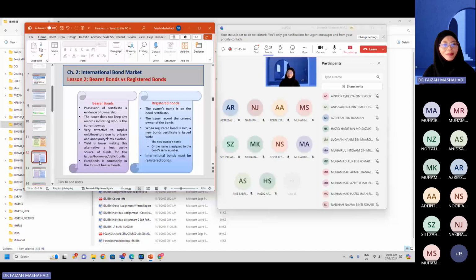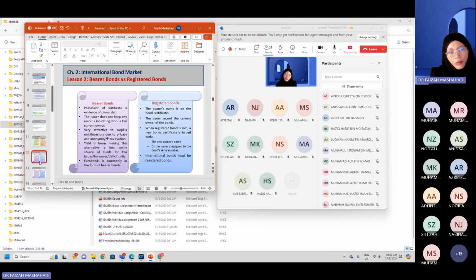All right. Alhamdulillah. Okay. So now, these two bonds, in terms of their category, we have euro bond, and then we have international or foreign bond. And now, in terms of the regulation, we're talking about whether the foreign bond is a bearer bond or registered bond, or whether the euro bond is the bearer bond or the registered bond.